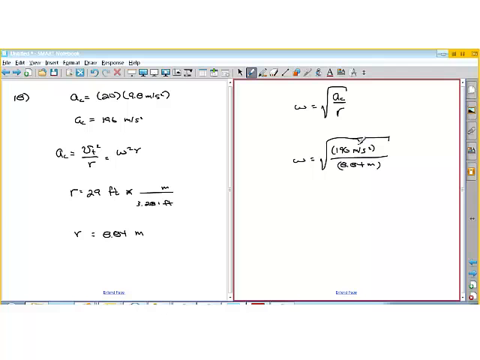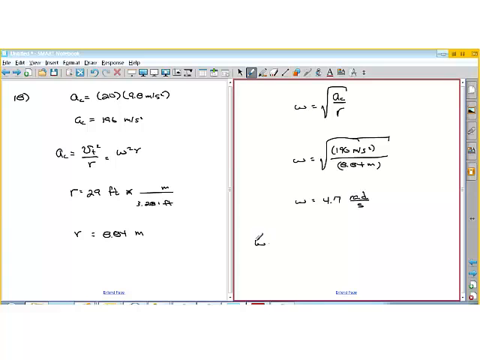So you can see the meters cancel out. We get 1 over second squared for the units, and then you take the square root, so you get 1 over seconds. 196 divided by 8.84, take the square root, and I get 4.7 radians per second.